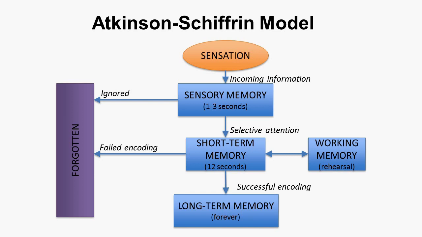And then if you want to remember something that happened to you in the past, if you want to remember a long-term memory that you have, then that's where the process of retrieval comes in. So retrieval takes those long-term memories, puts them back into short-term, and allows us to think about them again.